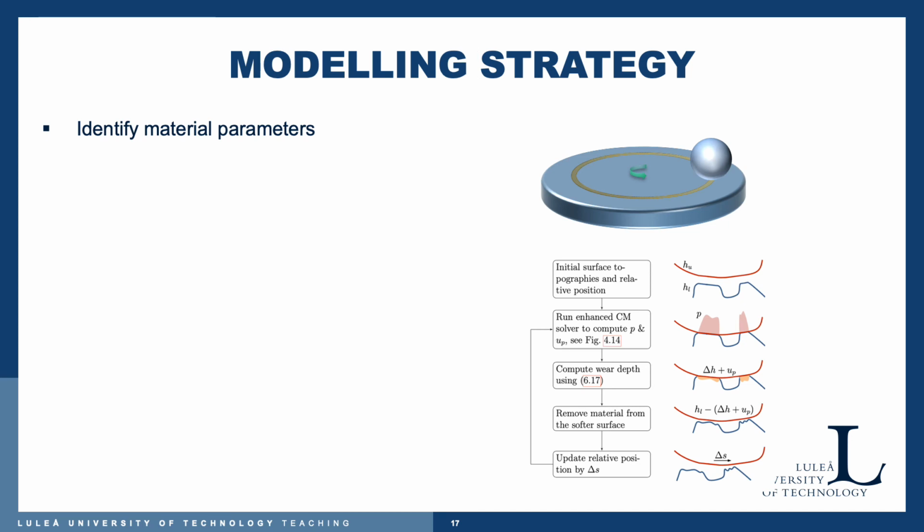To carry out the wear modeling and simulation, we propose the following modeling strategy here. It starts by identifying material parameters, in terms of elastic moduli of both the contacting bodies, Poisson ratios, and hardnesses, so we know which one is the softer one and how soft it is. Then we identify the contact geometry, we parameterize it in some sense, and we discretize it, of course.